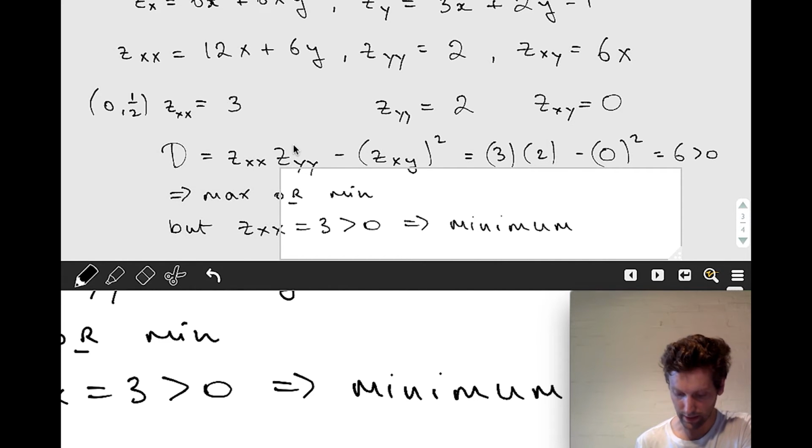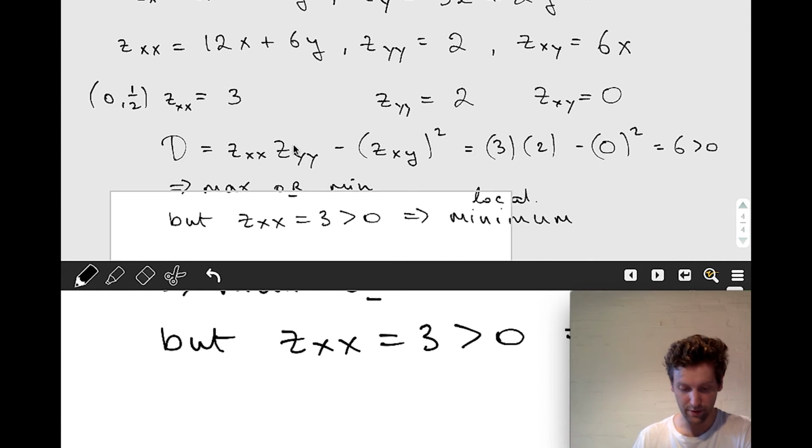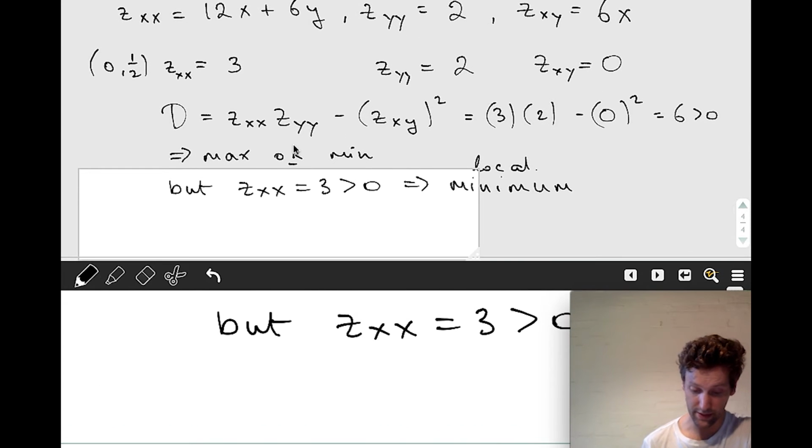Or more accurately, a local minimum. The last step here is to calculate what the value of our function is at that point.